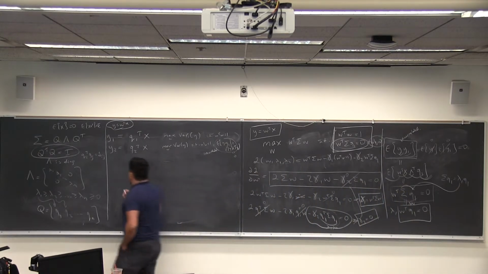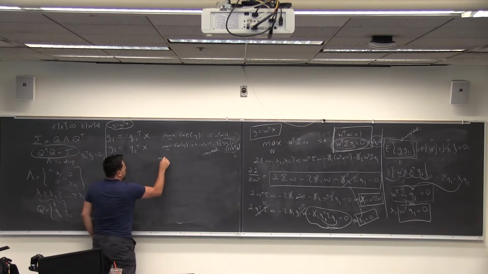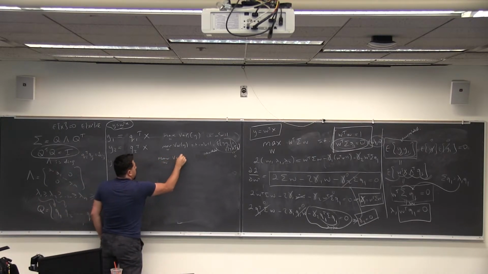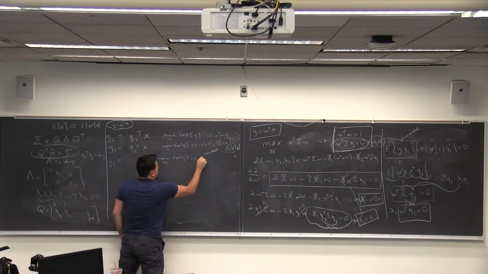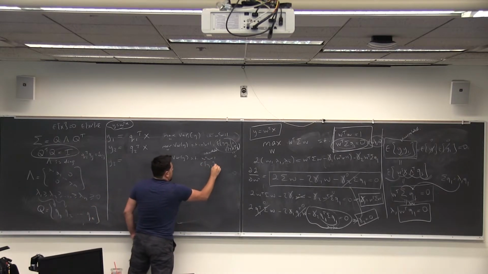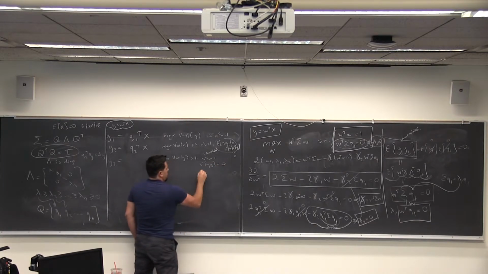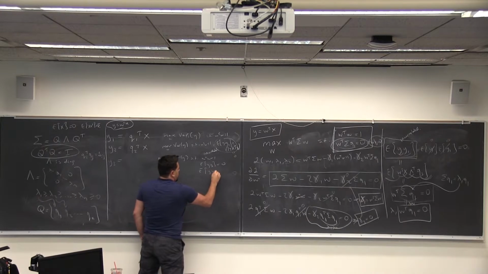So I can design a third problem. Maximize the variance of Y, subject to using a unit length vector, and make this uncorrelated with Y1 and uncorrelated with Y2.